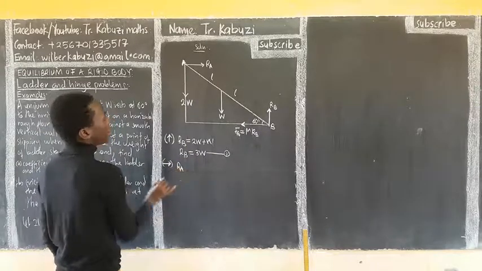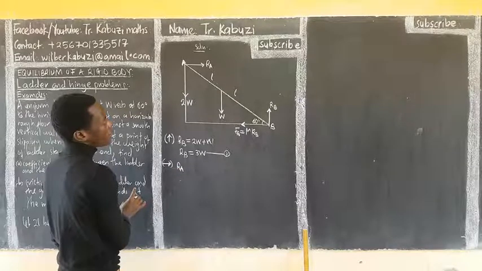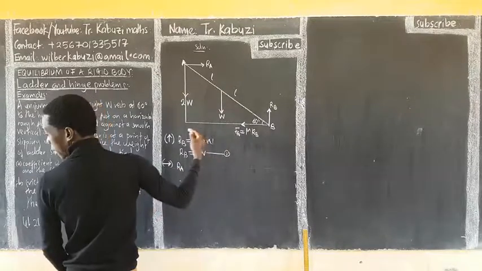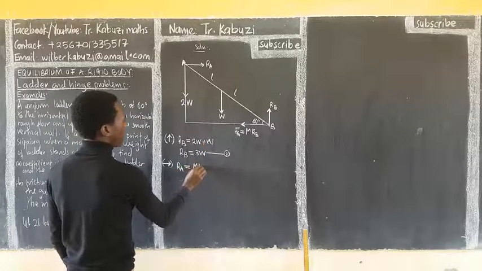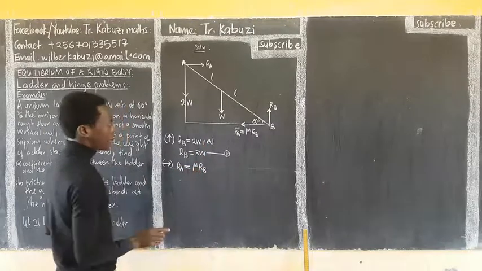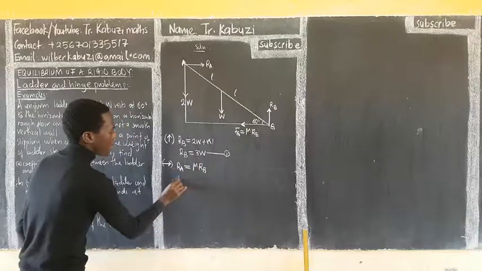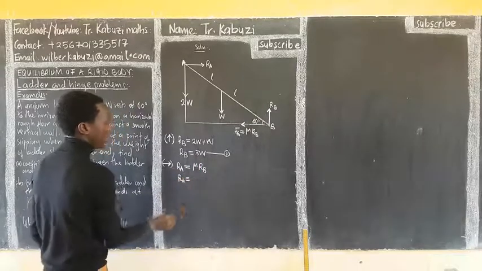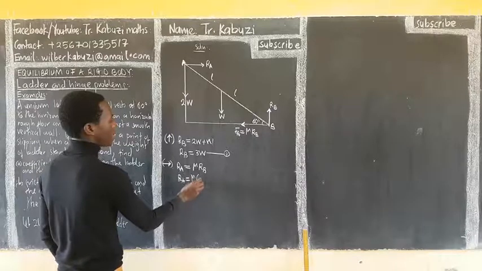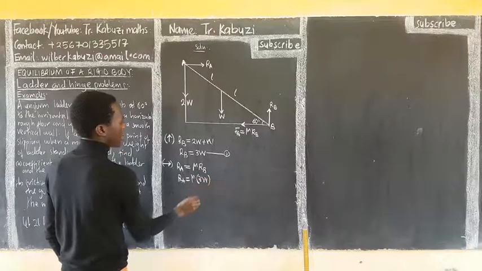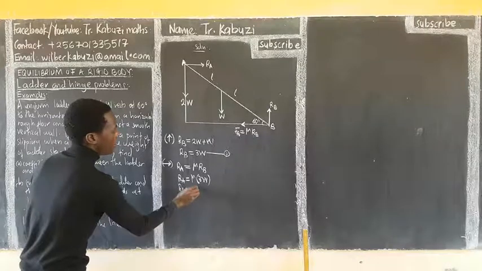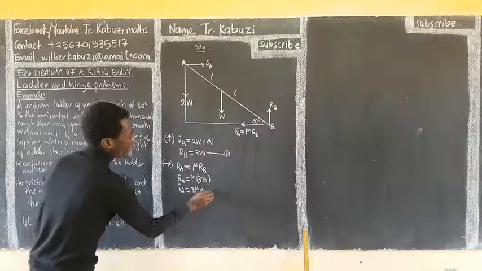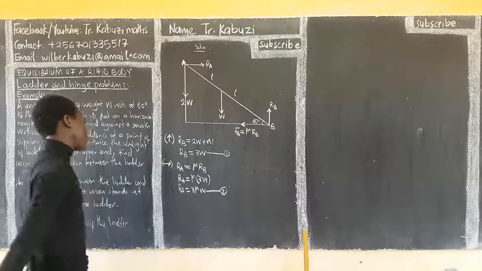RA is the only force going in the other direction, so it's equal to mu RB. So my RA is going to be mu into RB, which is 3W. So RA from here is going to be 3 mu W. I call this equation 2.